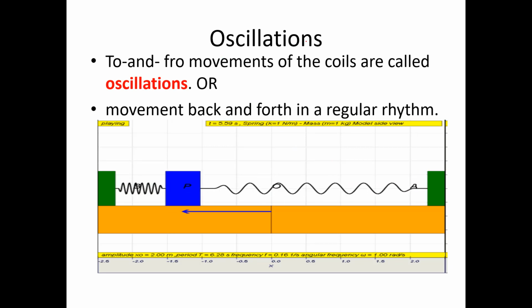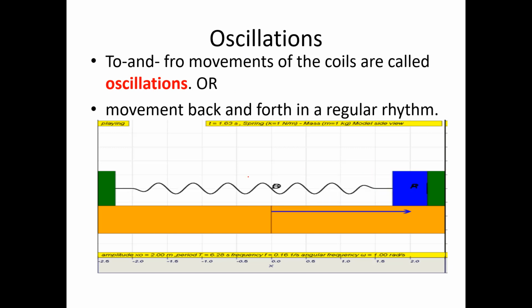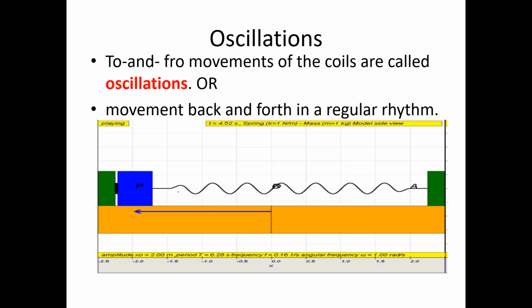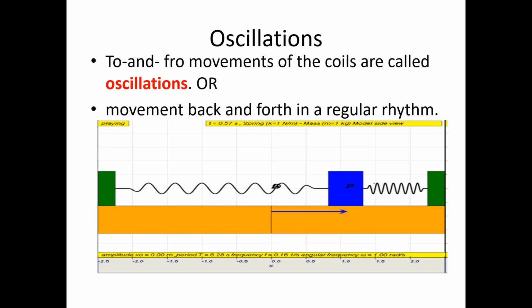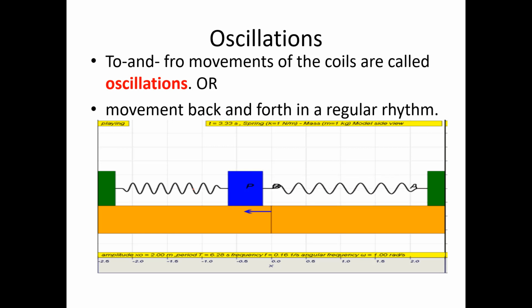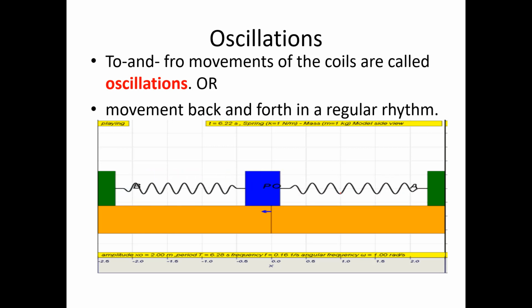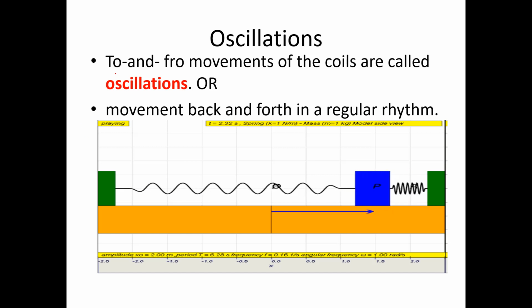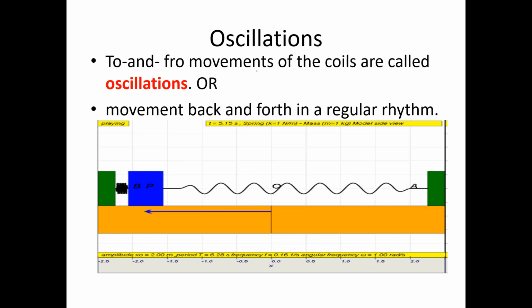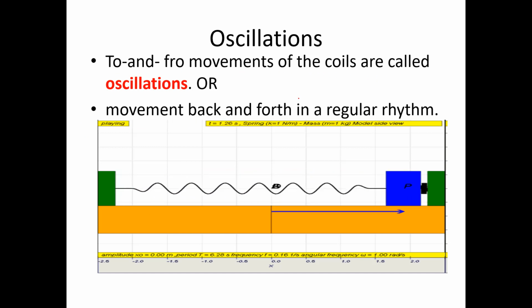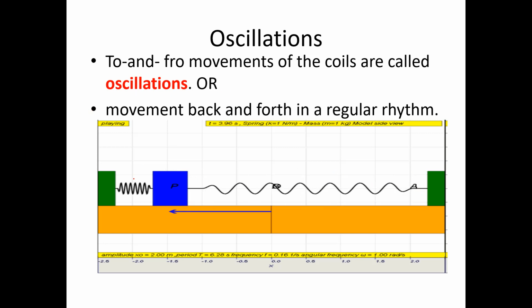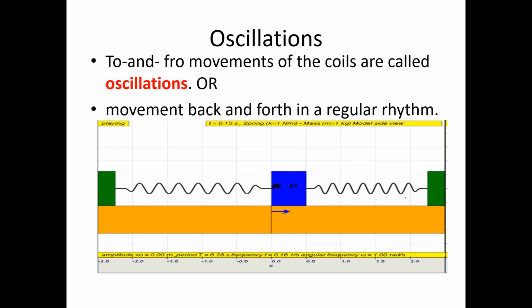Firstly, oscillations. If you look at this drawing, see how this is moving backward and forth. So to and fro movements of the coils are called oscillations. Here as you can see, this is the coil.